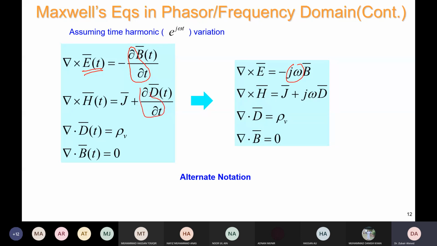Again, partial by partial t is replaced by j omega. So this is a kind of simplified notation which I will be using for the phasor. The key difference is that I am not using this subscript s, which is annoying when doing problem solving.